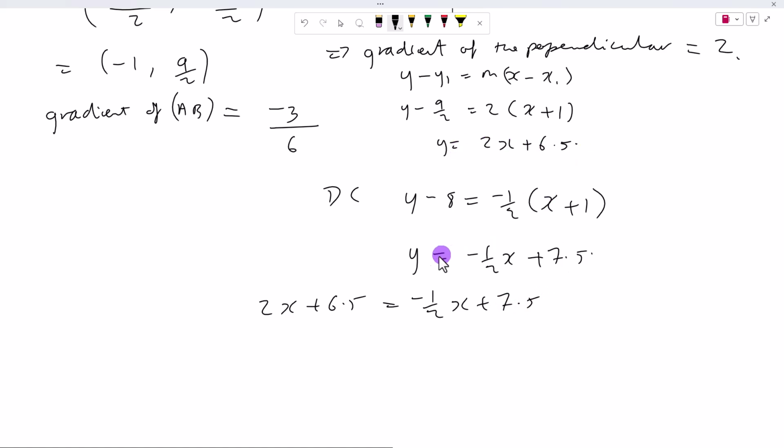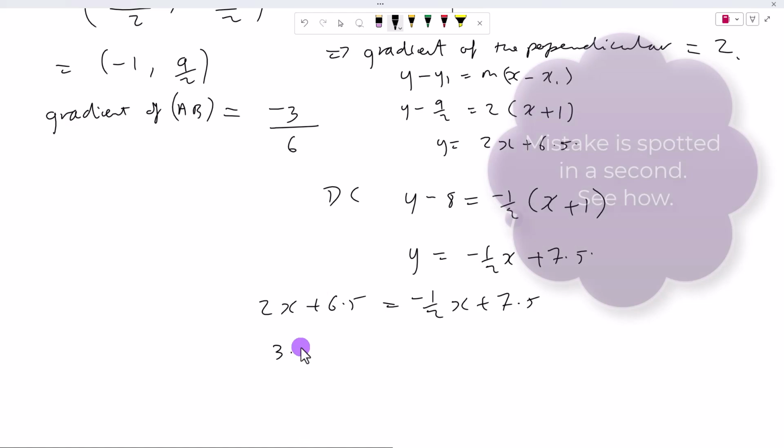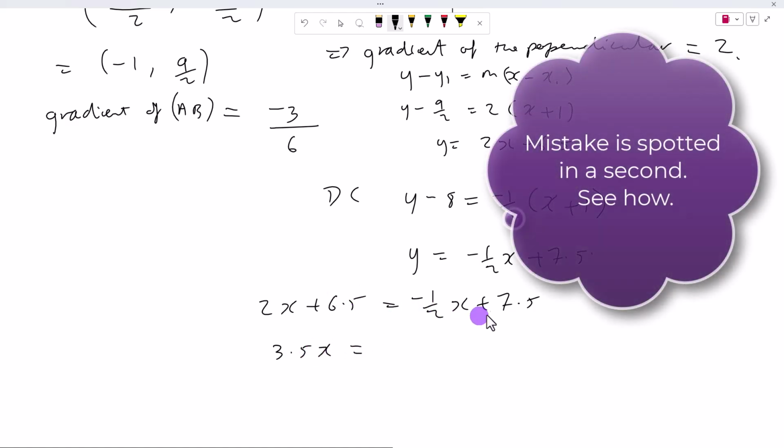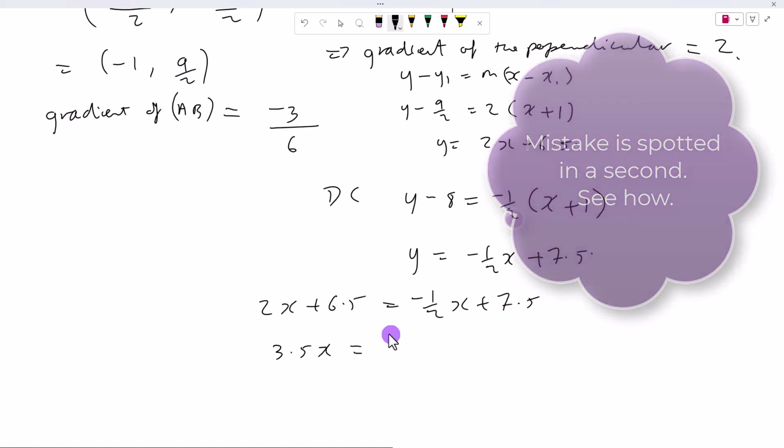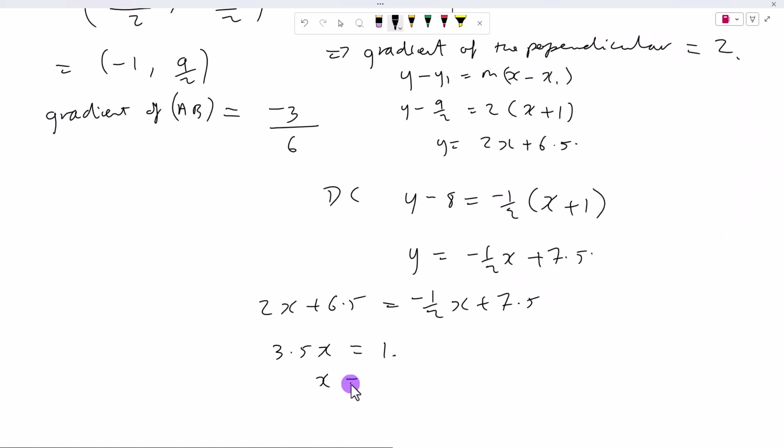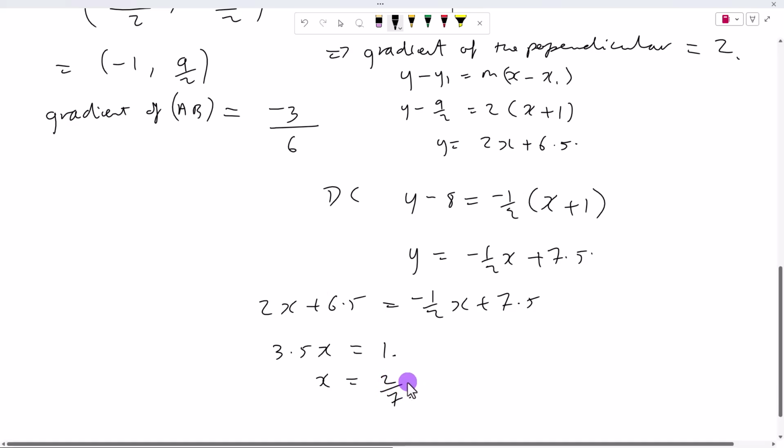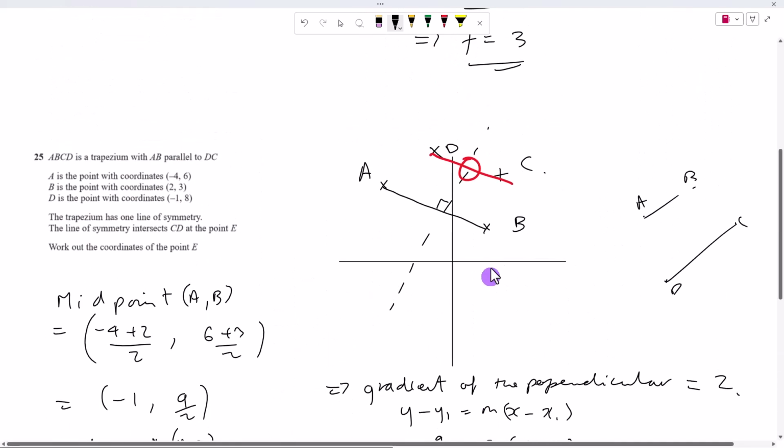These two equations are simultaneous equations: that's y equals and that's y equals, so this will equal this. And so therefore I get 3.5x will equal, take 6.5 away from 7.5, I get 1. So x will equal 1 over 3.5, which is 2/7. It's not a very nice number, is it? So x equals 2/7.